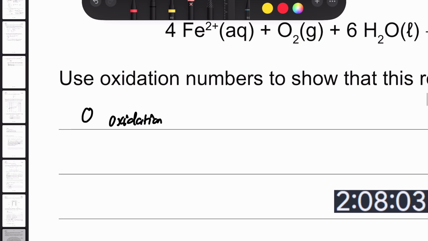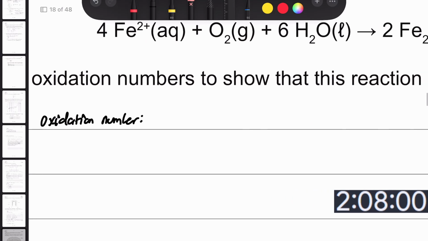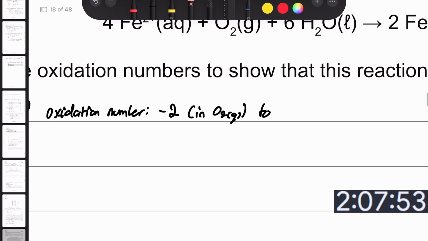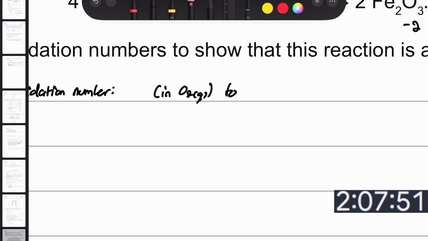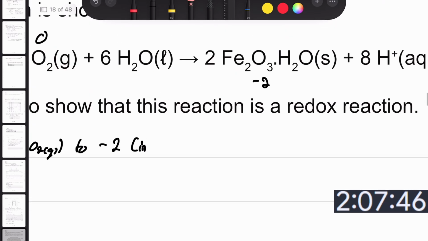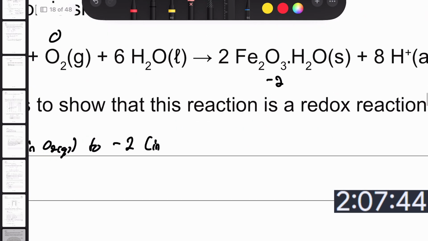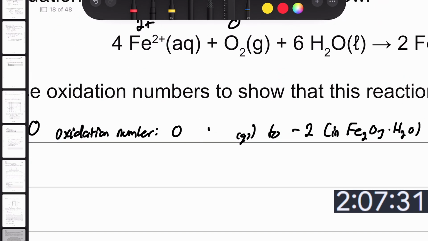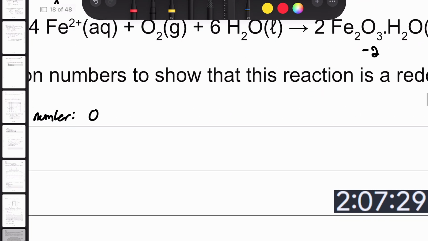It goes from 0 in O2 gas to -2 in the H2O. Actually, do I need to specify which? I don't think I need to specify which oxidation.